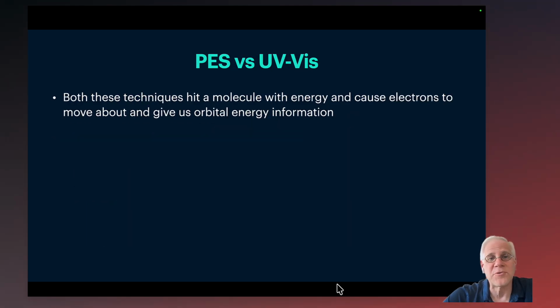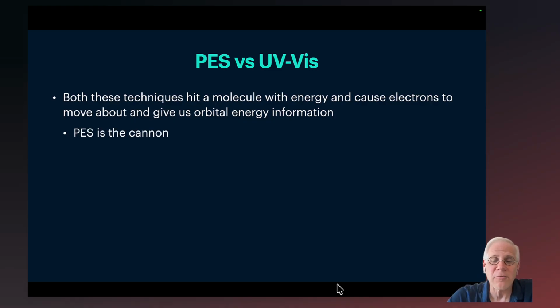Now, both of these last two techniques, photoelectron spectroscopy and UV-Vis, are very similar in the sense that we're hitting a molecule with light, with energy, and we're causing electrons to move from one orbital to another. And they both give us orbital energy information. However, they are very different. PES is what we can call a cannon.